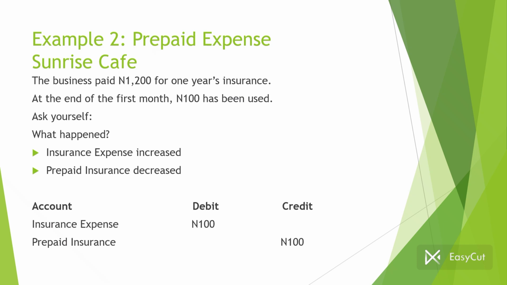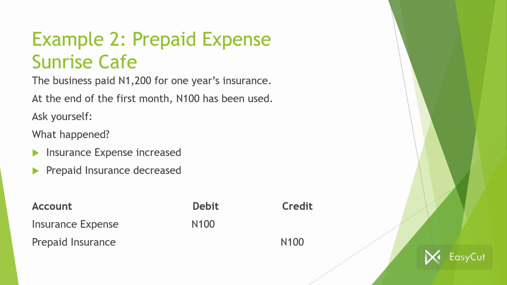Now, another example, prepaid expense. Think about this. You are supposed to pay for the electricity bill next month, but this month you paid for the electricity bill for 2 months. It means you have a prepaid expense for next month, so you captured 2 months' expenses in a month. Then you have to take out next month's expense because it cannot be captured as part of this month's expenses.